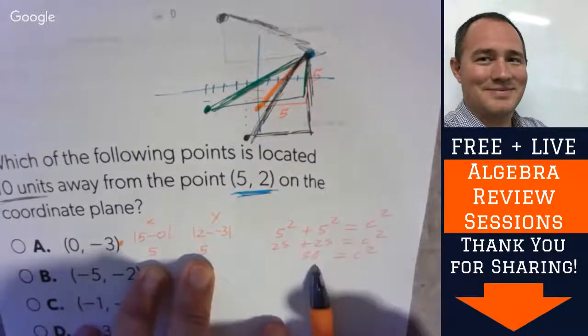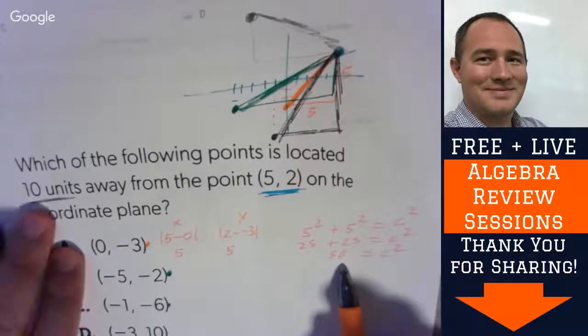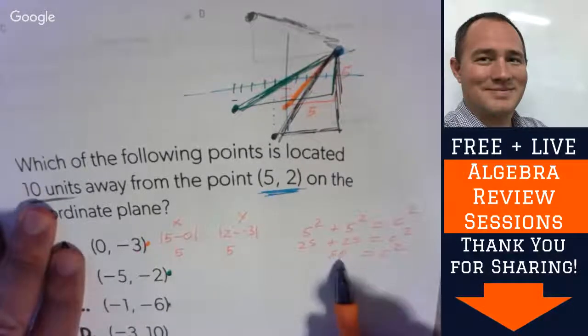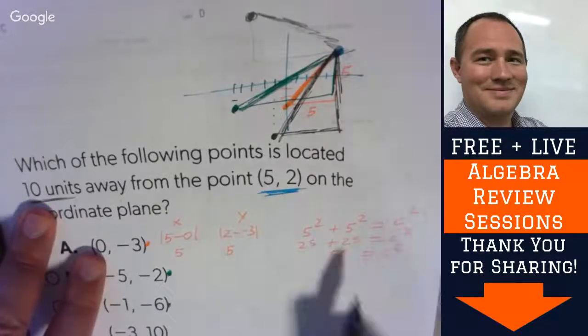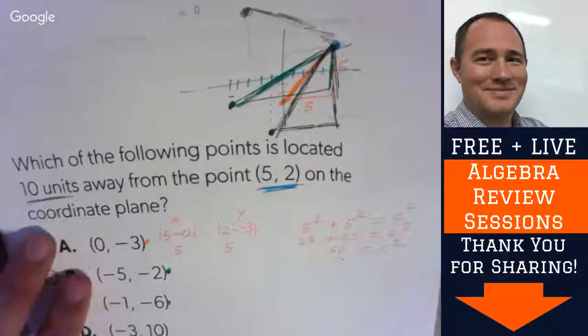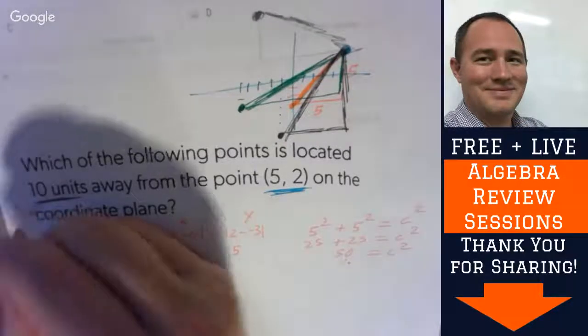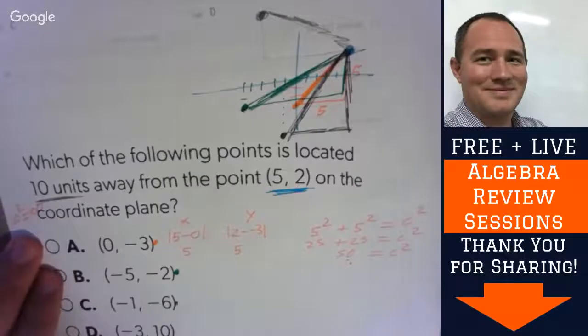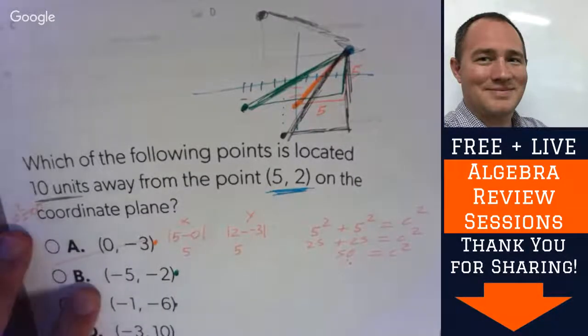If you take the square root of 50, you do not end up with 10, right? We want this to be 10. So really, when we're looking at what c squared is equal to, we're looking for 100, right? Because 10 squared equals 100. So that's a tip for what we're looking for. So A is not a possible answer.